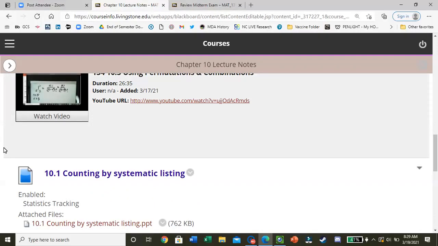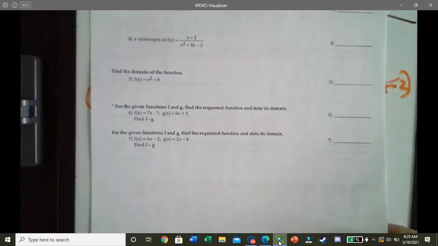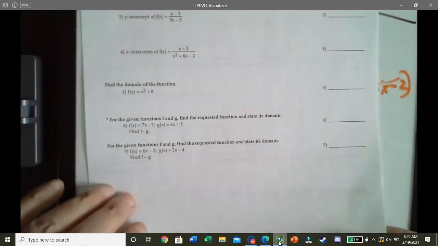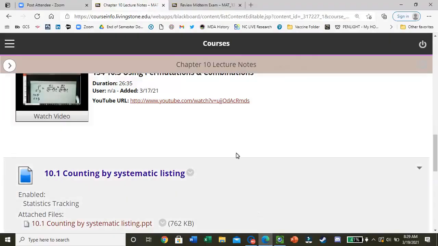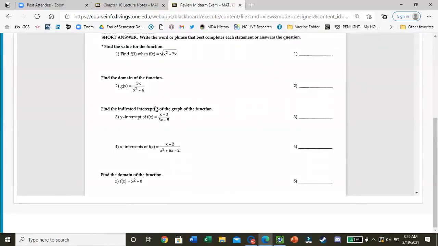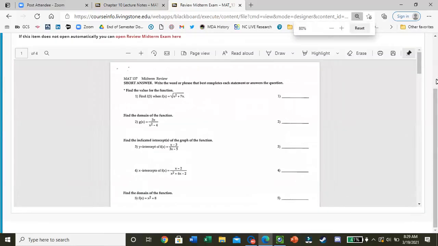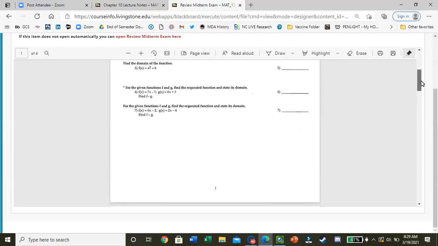All right, I'll just use this paper. It just makes it easier. I don't know why that's not loading. Hold on, let me try something here. There we go. It's still not working. Oh, I see why. That's better.